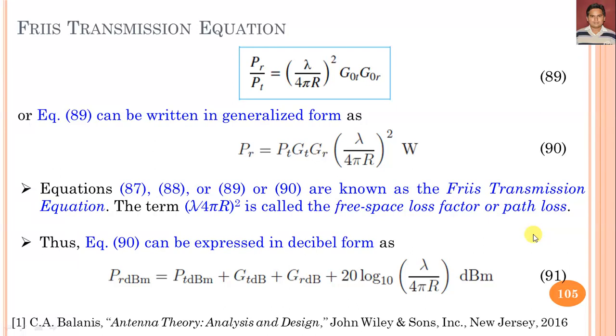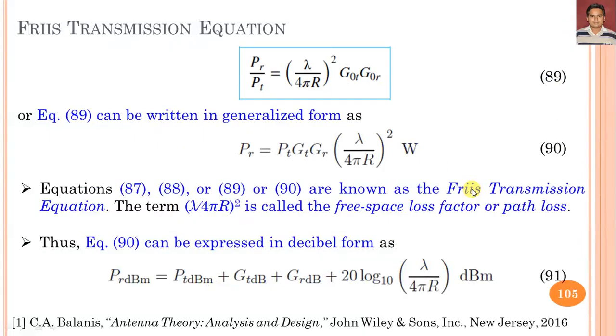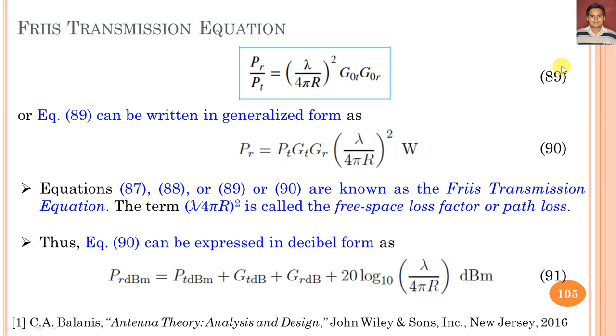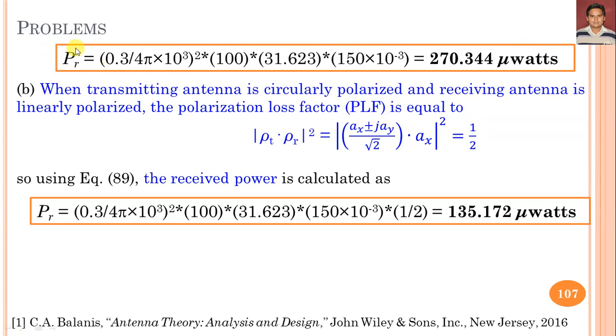So using equation 89, here you can see this is the polarization loss factor, which is equal to 1, because the polarization is matched between the transmitting and receiving antenna. So by considering equation 89, we can calculate the received power.